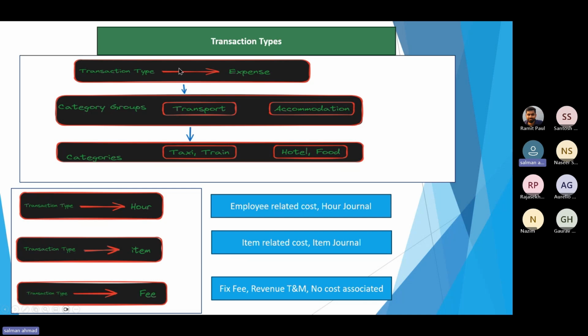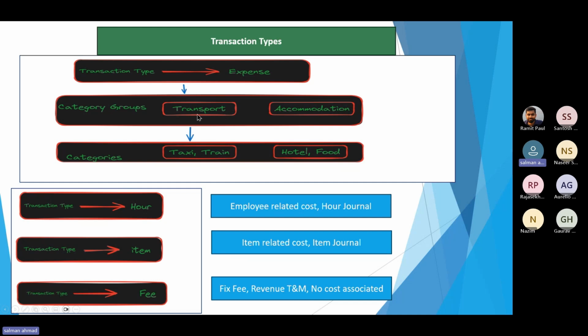So let's say we have one transaction type as an expense, right? In expense, we can have different kinds of expenses, like it can be transport expenses and it can be accommodation expenses. In accommodation, we can further have different categorization. We can segregate hotel expenses, or it can be food expenses.